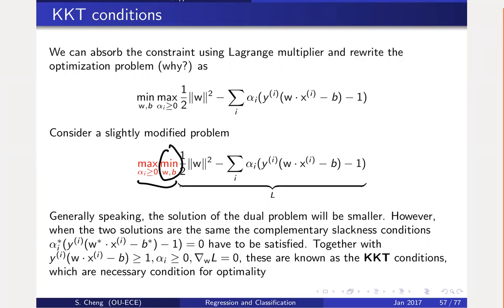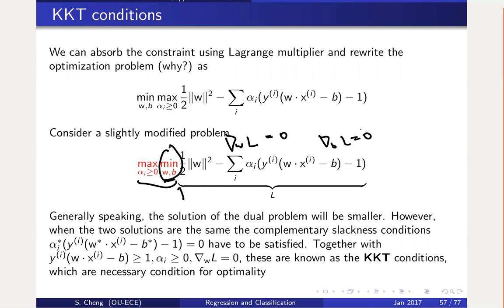So we can solve this part using what we learn in the first class in calculus: just take the gradient with respect to W and solve. Of course, I deal with two variables here. I want the gradient of this L with respect to W equal to 0 and the gradient with respect to B also equal to 0, something like that.